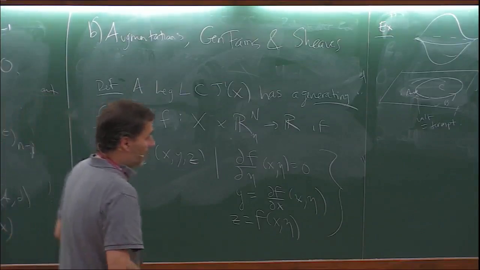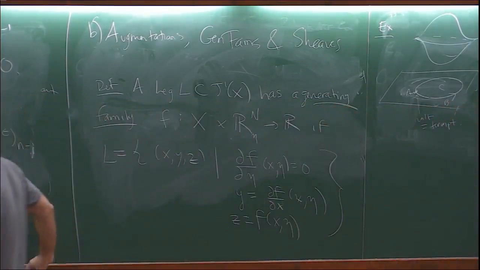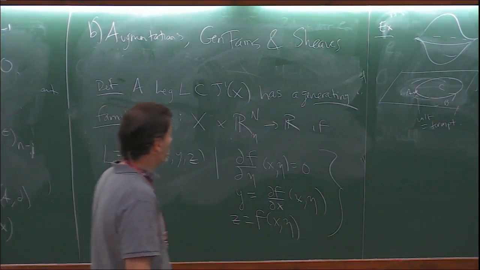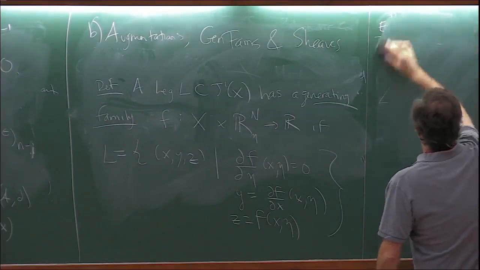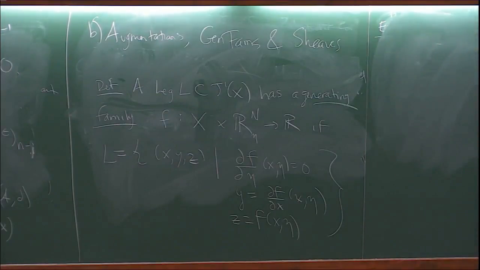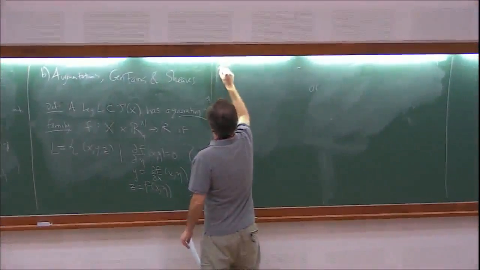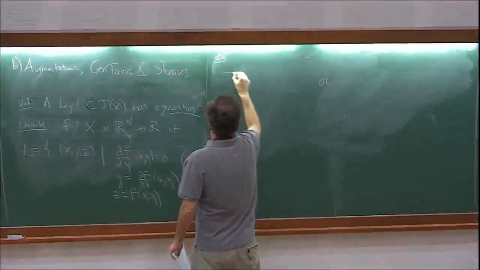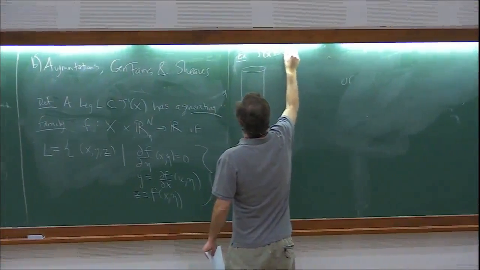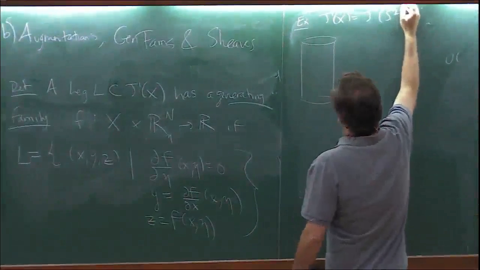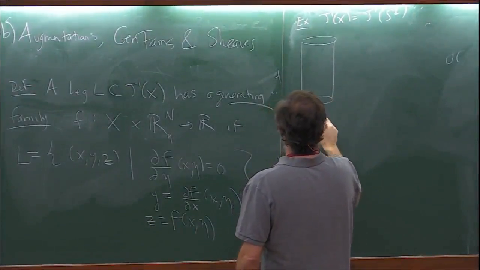So let me give an easy, straightforward example. So for example, if J1 of S1 is the one-jet space of S1, then here's my front, here's J0 of S1.